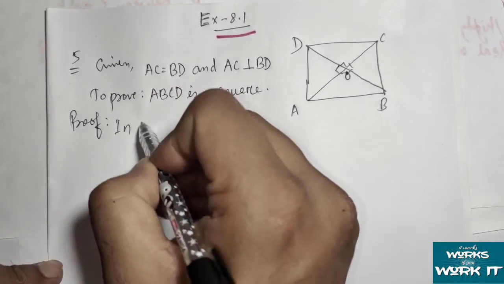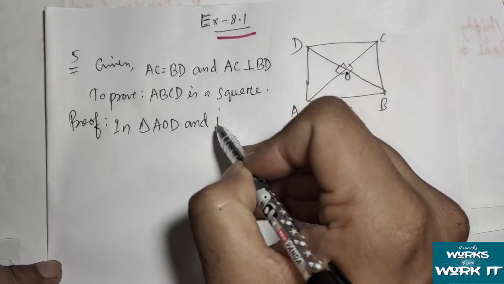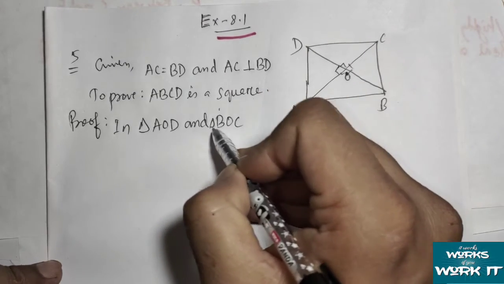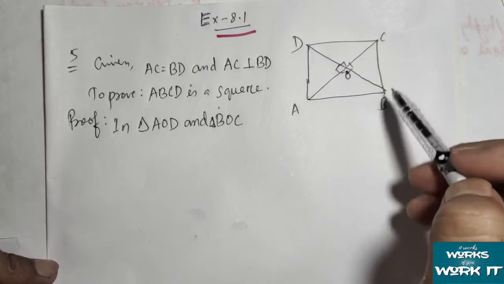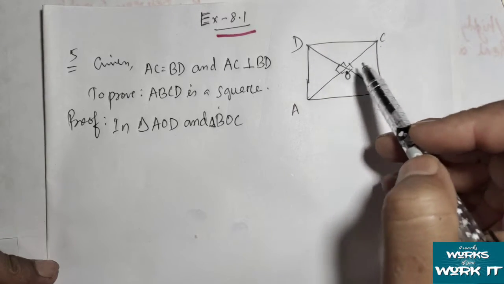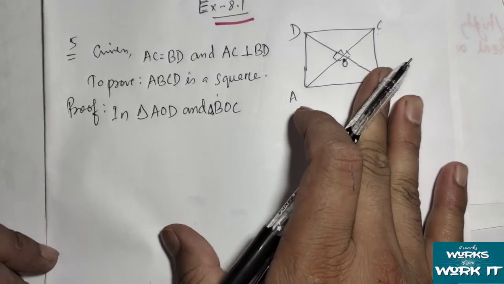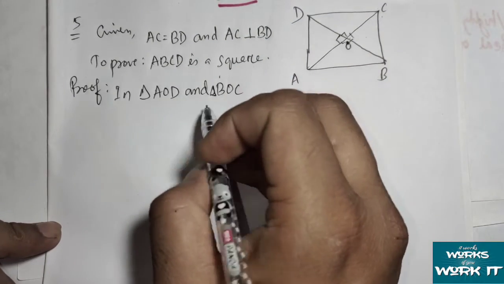We will take two triangles, triangle AOD and triangle BOC. Okay, we are taking these two triangles. From these two triangles, what can we write here? What are the things that will be equal?